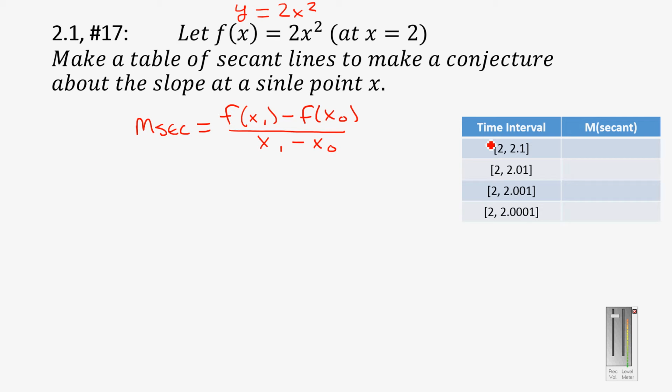Now what we do need to do, though, is we need to come up with these values here. So one thing I need to know is what f of 2 is. So I say, well, 2 squared is 4, 4 times 2 is 8. Well, that seems pretty easy.